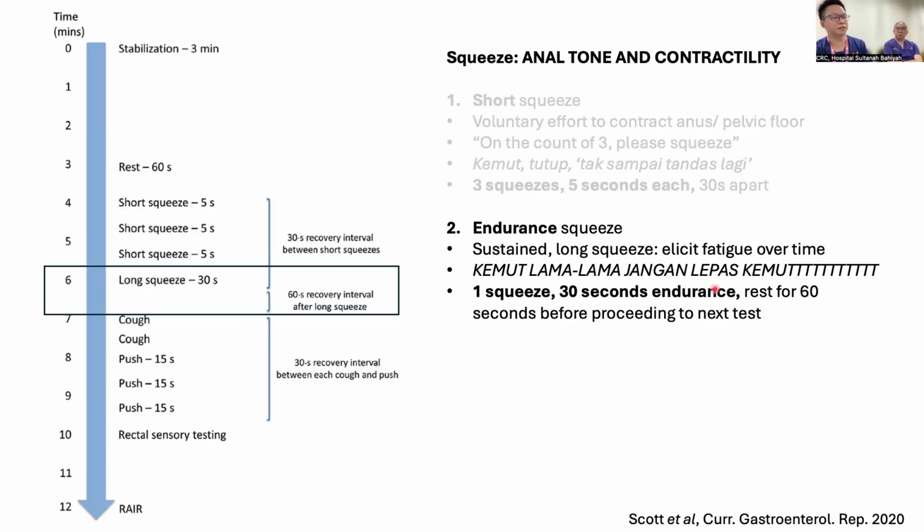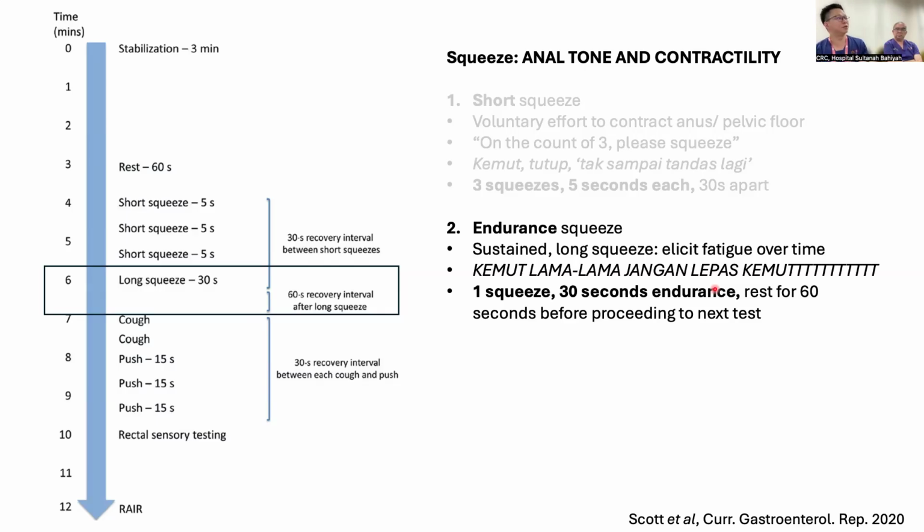And that's why in the London classification, if you have a normal expulsion, you no longer have any major findings. But you are right to raise that you are not simulating a very natural position when you are assessing for defecation. Even in defecation itself, people who are using a squatting toilet are less likely to experience constipation compared to people who are on a sitting toilet.